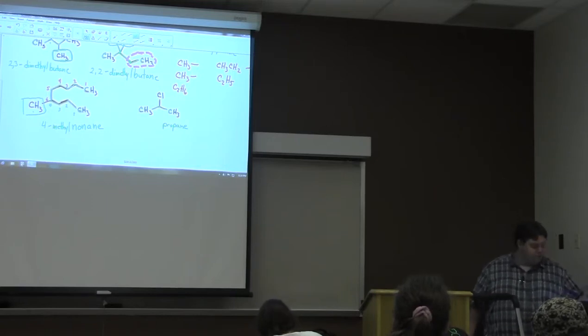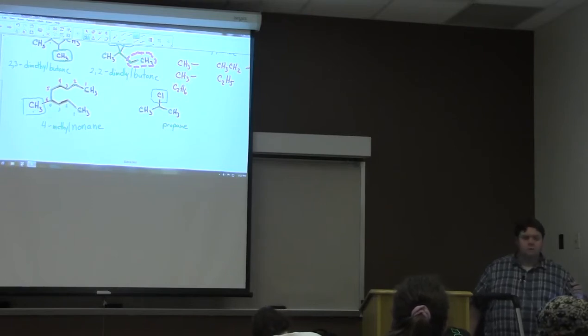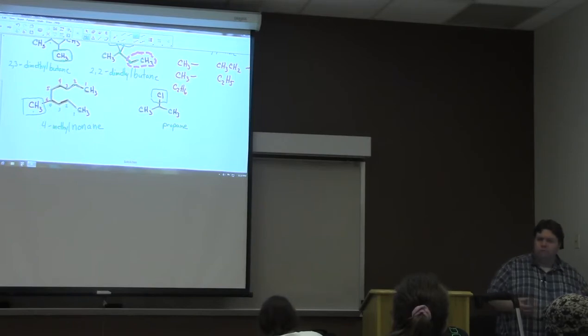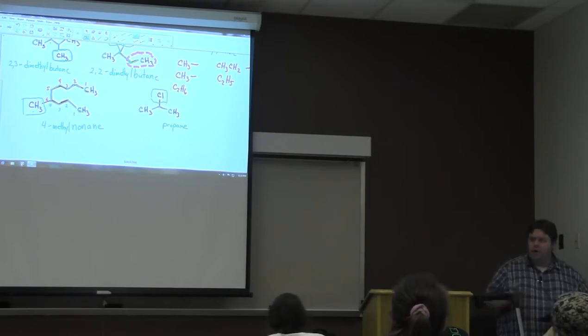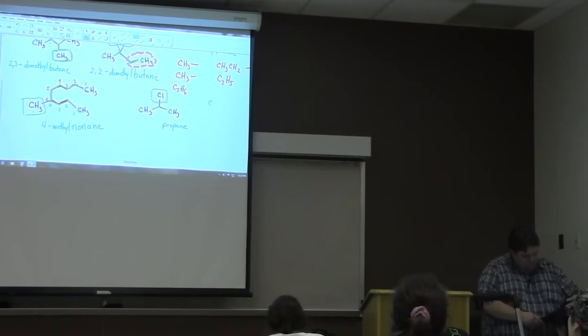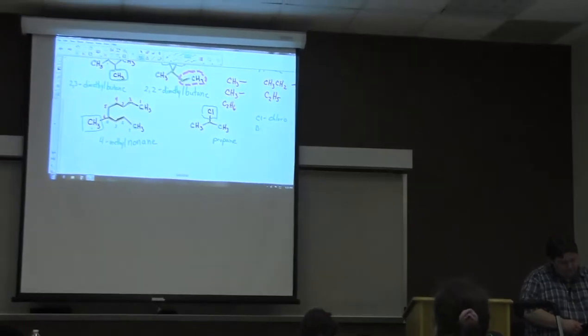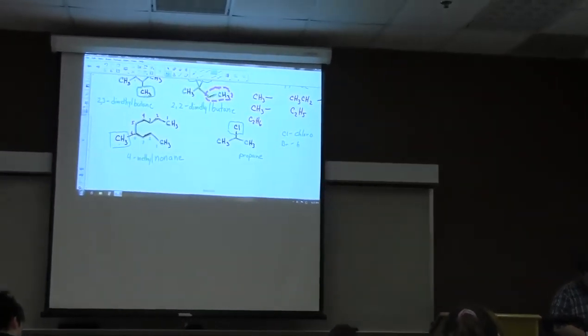Okay, I have a substituent, a group attached here. What's that called? Well, chlorine, chloride, it starts getting kind of confusing. You might think based upon the alkyl groups that this would be a chloryl group, but it's not. Okay, for all the halogens, a chlorine is a chloro group. Bromine is a bromo group.